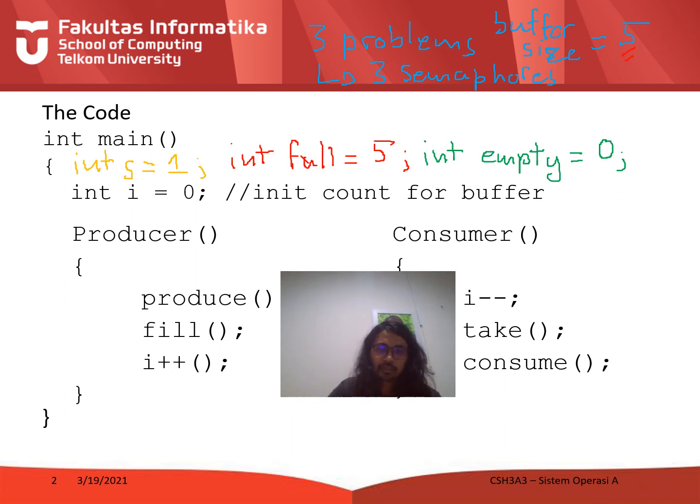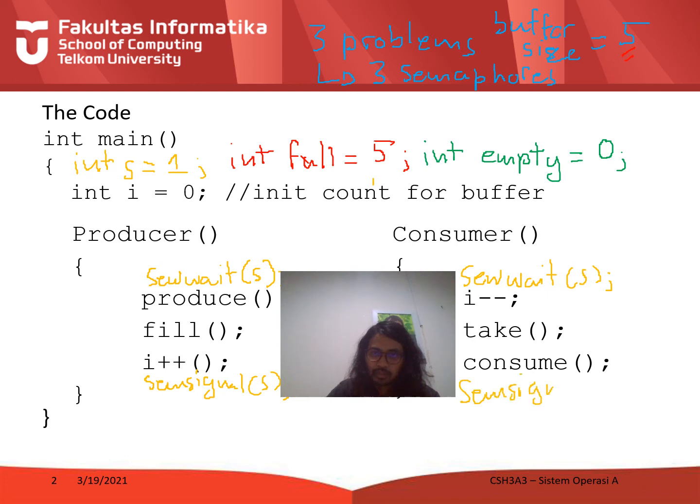Don't forget, to enter the critical section we use sem wait S, and to leave the critical section, sem signal S. Because the consumer and the producer have the same critical section, we write the same thing up here: sem wait S and sem signal S.